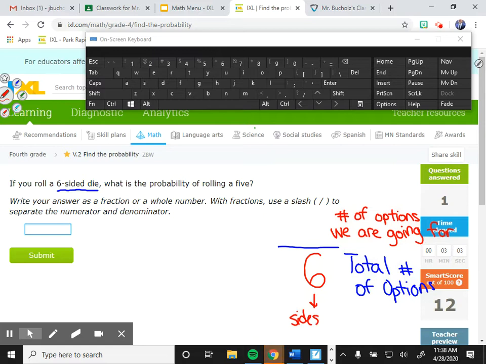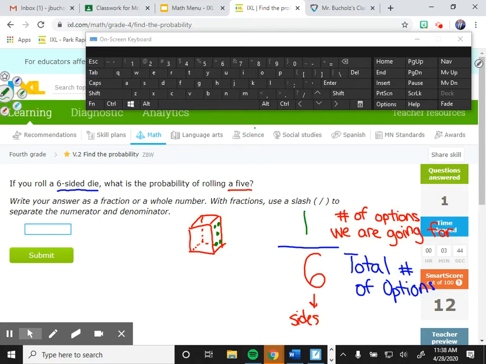What is the probability of rolling a five? We only have one chance to get a five. If you think of a die, it has six sides. It's not perfect, but it will do. We only have one chance of getting a five because there's only one five on our die.